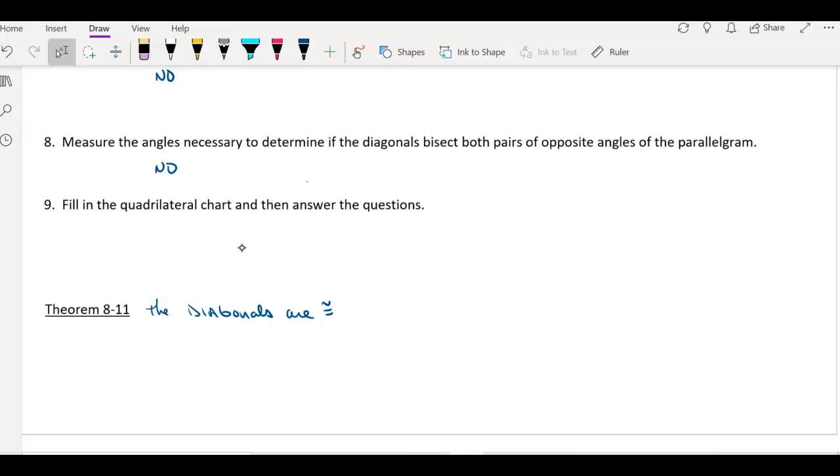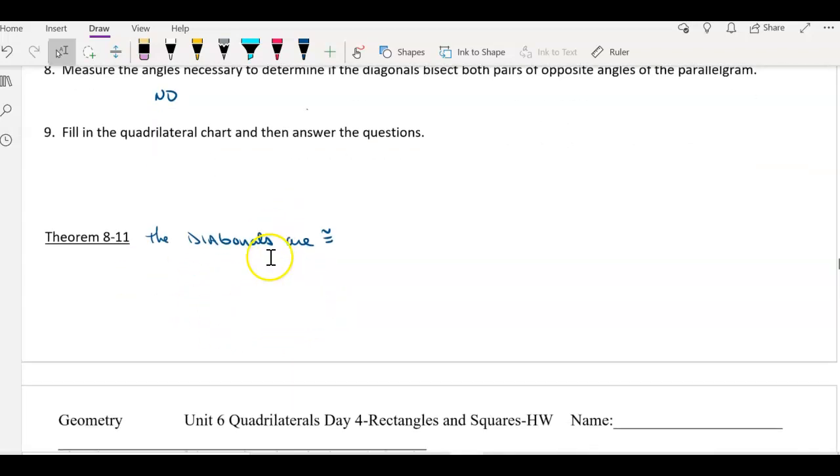Again, I can't say this enough: because a rectangle is a parallelogram, you know right away that it has all the properties of a parallelogram in addition to the property of a rectangle here, which is that the diagonals are congruent.